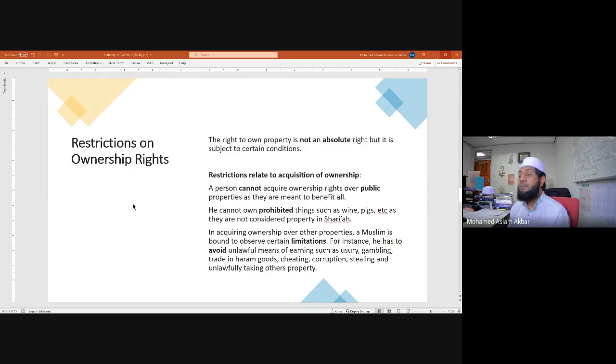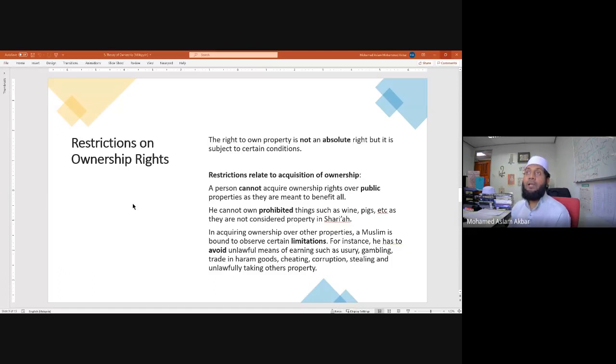Also, a Muslim is bound to observe certain limitations in earning those properties. Number three is very important, which means you are going to acquire a permitted property. Because in number two, I said you are not allowed to acquire prohibited property, but you can acquire halal property.